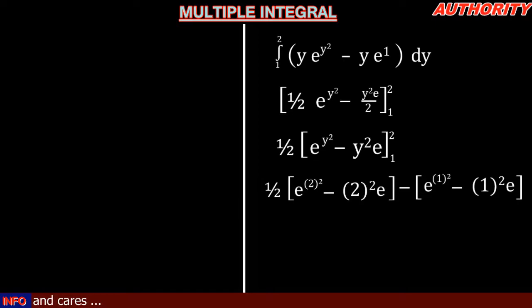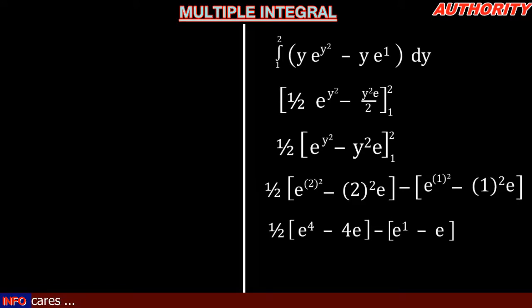Okay, so here let's go. We have 1 all over 2 e raised to power 2 squared. When we say 2 squared is equal to 4, that means here we have e raised to power 4 minus 2 squared is 4, 4 times e, we have 4e in bracket, minus the other bracket. We have 1 squared is 1.